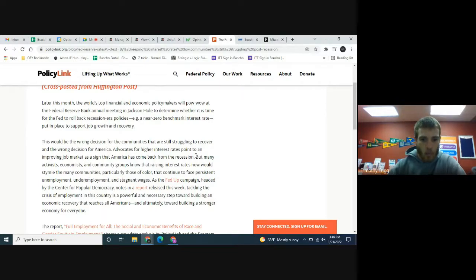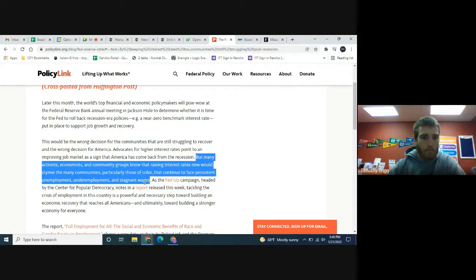So there's one main point you could possibly use, right? That activists, economists, and community groups feel that interest rates would stymie, meaning slow down the growth of some communities, right?